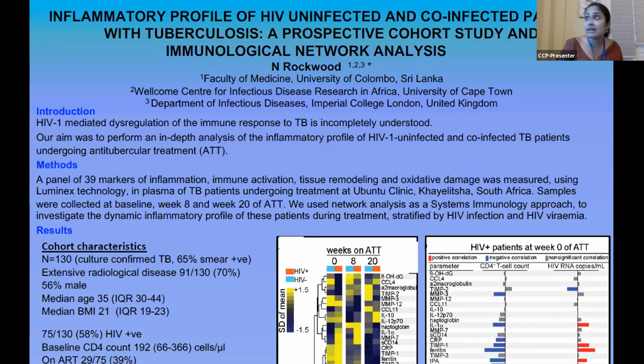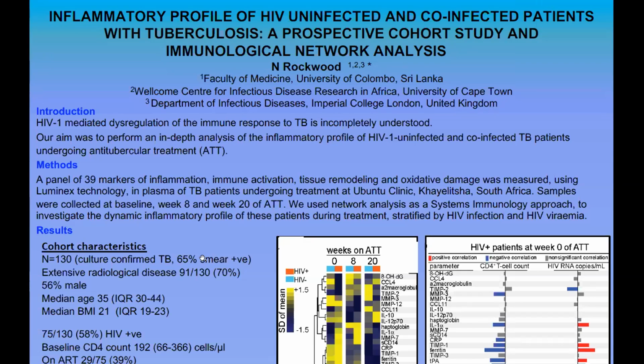So we applied a systems immunology approach. In a cohort of 130 patients based in Khayelitsha Township in South Africa, we measured 39 markers of inflammation, including immunoactivation, tissue remodeling, and oxidative damage, using PEGS technology in plasma of TB patients undergoing treatment.